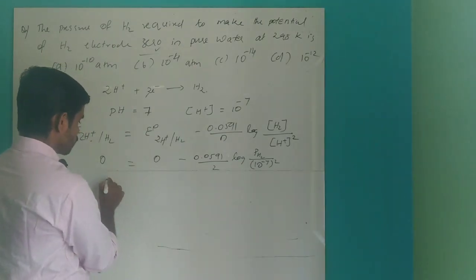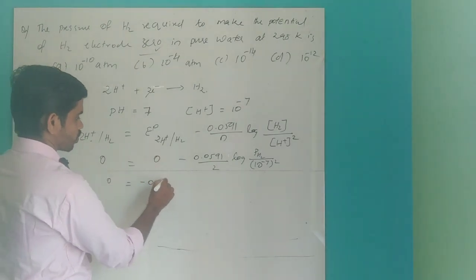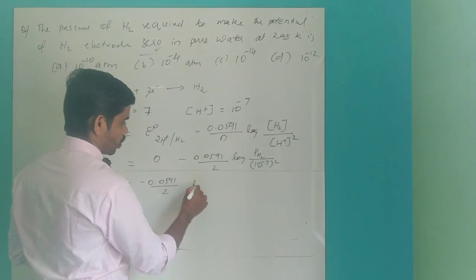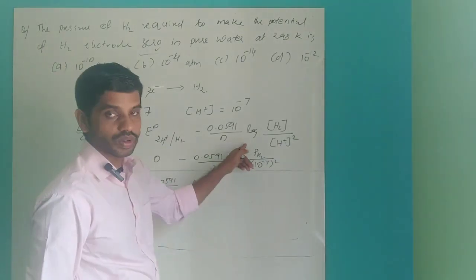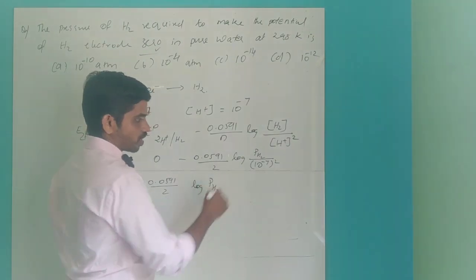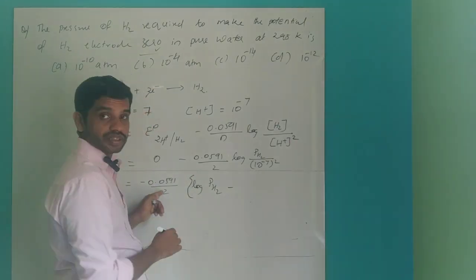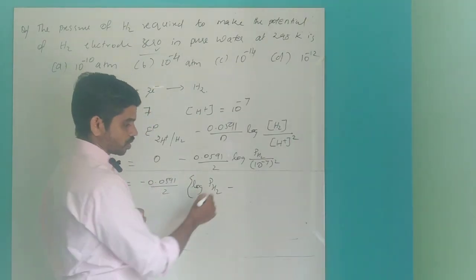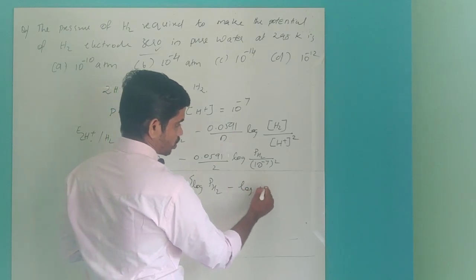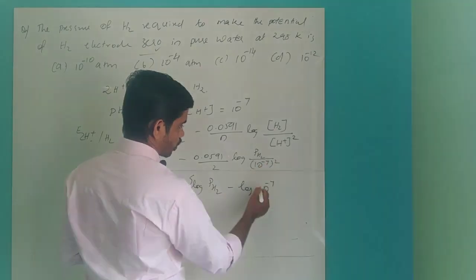So here 0 is equal to minus 0.0591 by 2 log of, log A by B is log A minus log B, so log of pressure of H2 minus, here the bracket is there, don't forget to put this bracket, minus log of 10 power minus 7 the whole square.